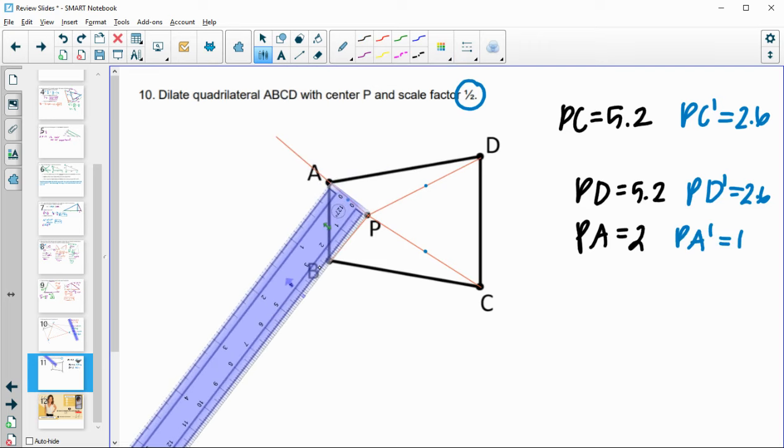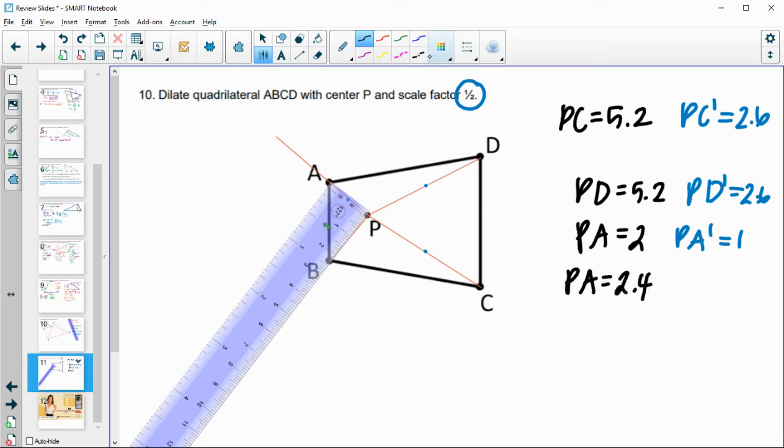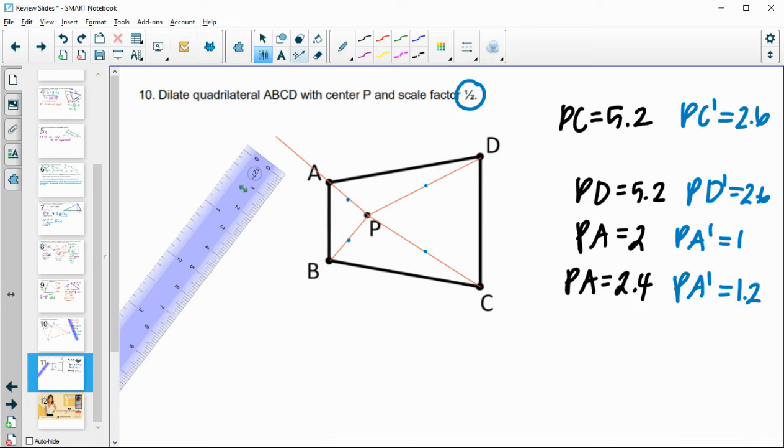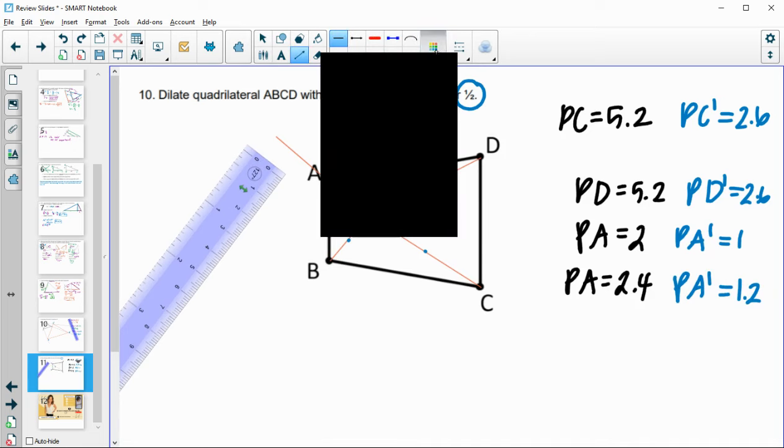And then finally, P to B is about 2.4. So PB prime is going to be 1.2. And then you can just connect all of those.